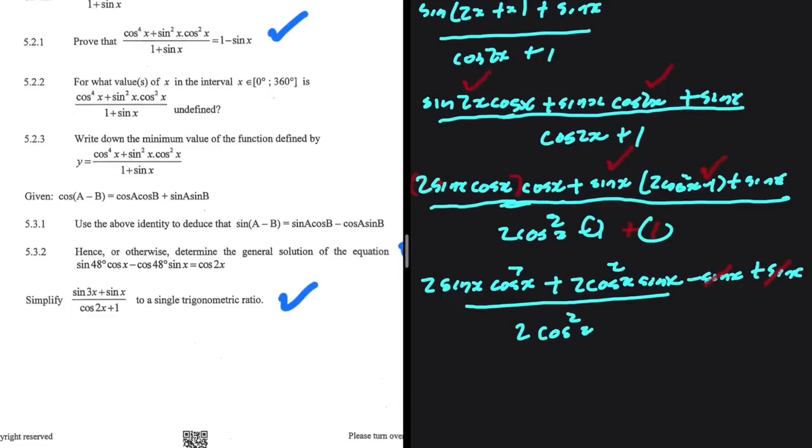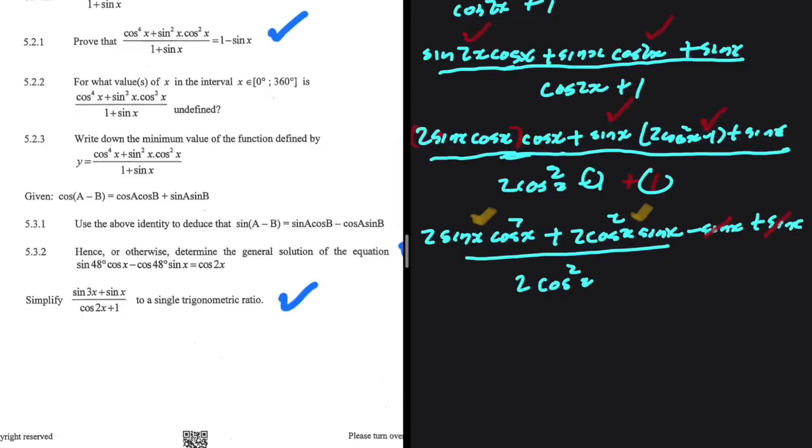Okay, let's take a look at the numerator. On the numerator, we have (2 sine x cos x) squared... I mean 2 sine x cos squared x plus 2 sine x cos squared x. So this is just 4 cos squared x multiplied by sine of x, divided by 2 cos squared x.